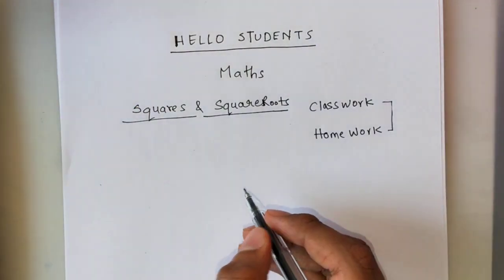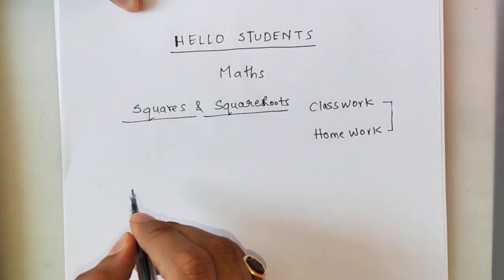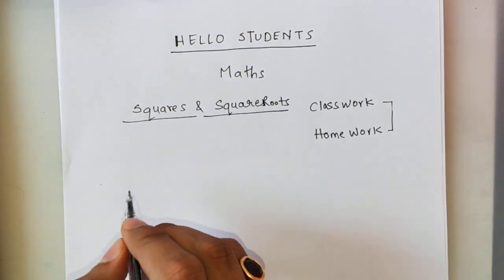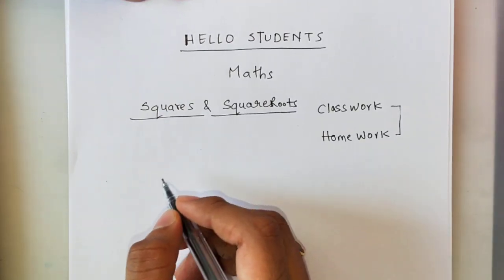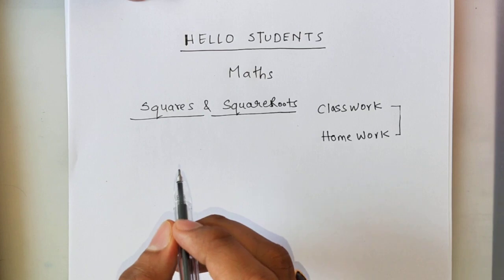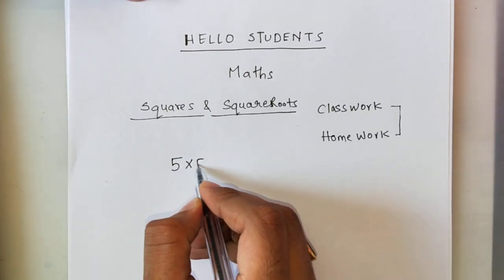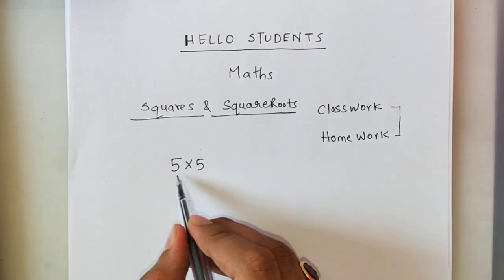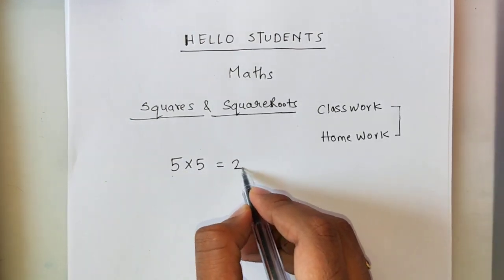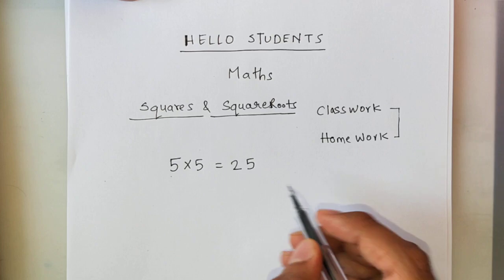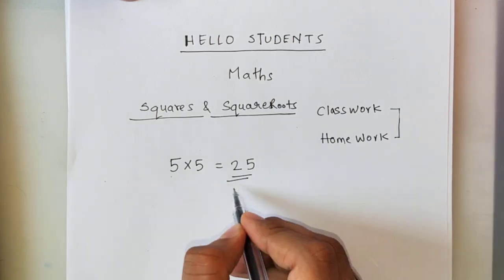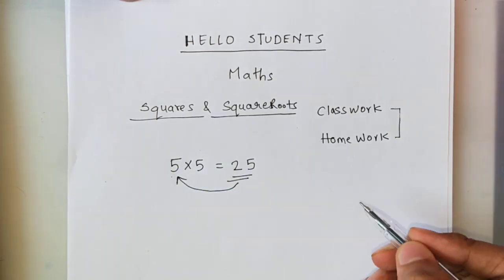Still, to give you a revision, squares means when we multiply the number with itself. Multiplying the number with itself gives us the square of that number. For example, I have 5 into 5. When I multiply 5 with 5, I get 25. So 25 is a square of 5. Correct?